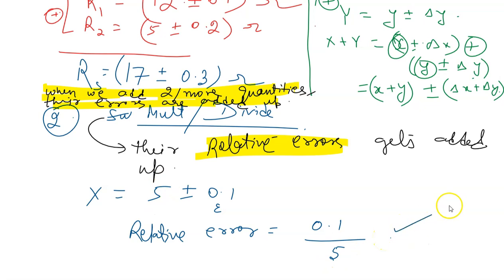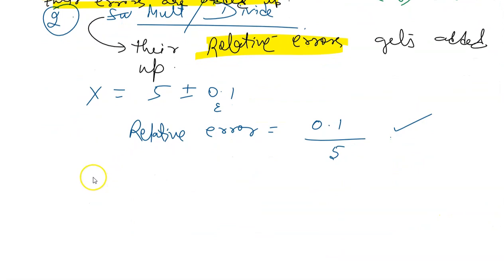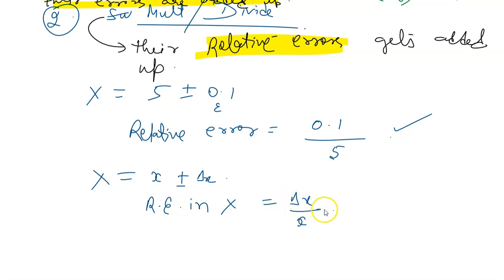So this will be our relative error. That means you must always remember how we are going to present the result. If x is a quantity and we found x plus minus delta x, then what is the relative error in x? That is the error delta x by the measured value x.